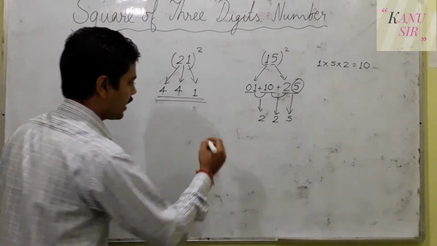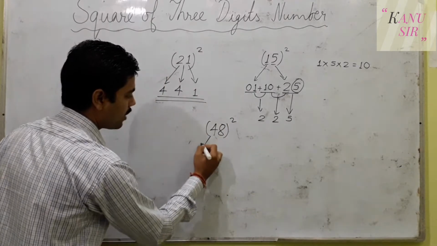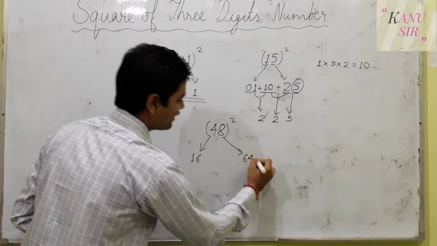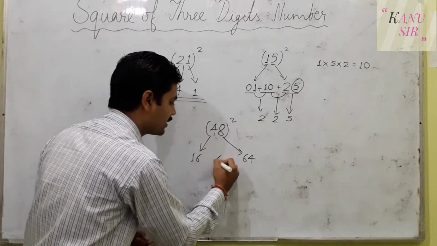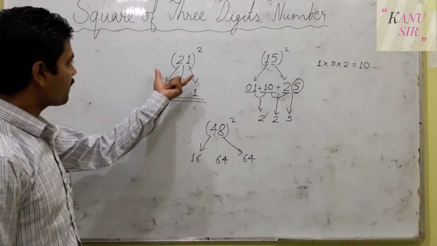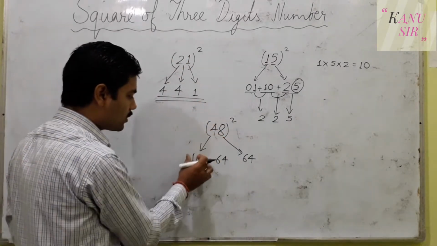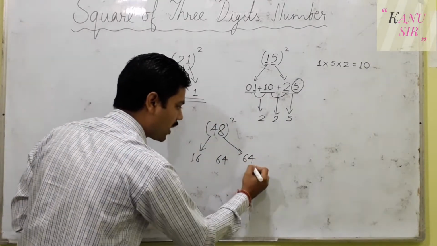Similarly, let us take another example, 48 squared. The square of 4 is 16, the square of 8 is 64, and the product of the digits, 4 times 8, 32, times 2, is 64. As I said, for two digits we have to drop one digit. We got all the products in the form of two digits, but still we have to drop one digit.